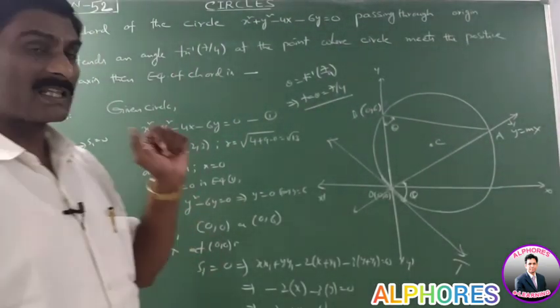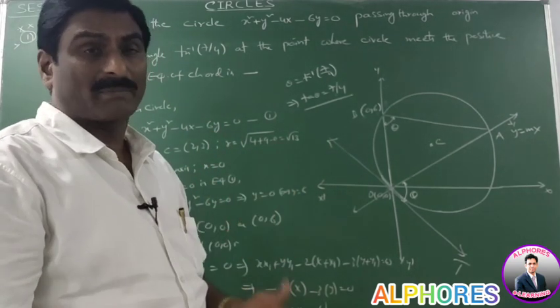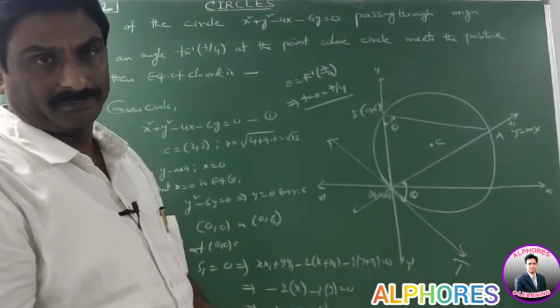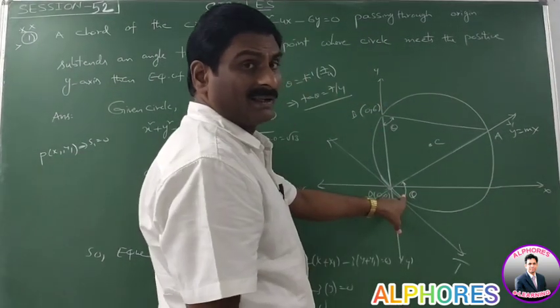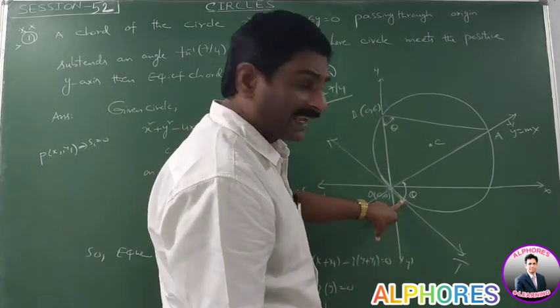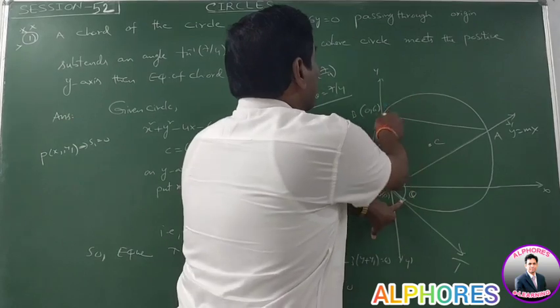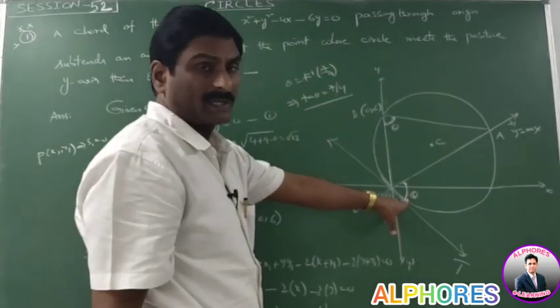Please observe this diagram. Already we discussed the alternate segment theorem. The angle between the tangent and chord is nothing but the angle in the corresponding alternate segment. That means this value is theta, so this value is automatically theta. Please observe this point.